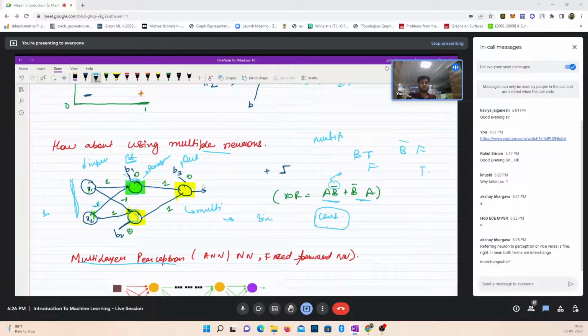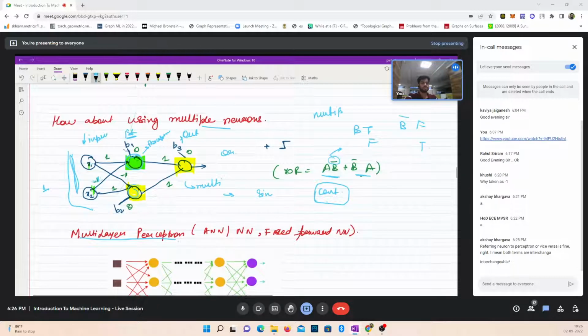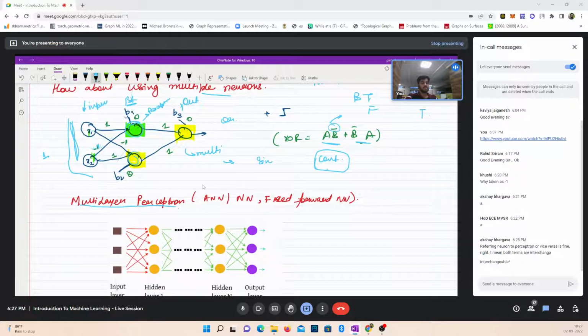This would give us the OR function. So this is able to give you the XOR function. And not only XOR, but this kind of multi-layer perceptron can approximate any continuous bounded function if you allow an appropriate number of neurons in this layer.